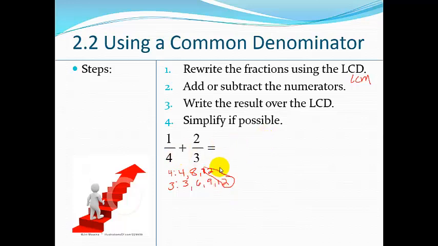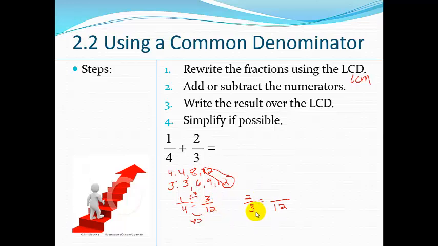So what I need to do is rewrite the 1/4 to have a denominator of 12. I'm writing an equivalent fraction, and then I need 2/3 to have a denominator of 12 as well. I asked myself, how does a 4 get to a 12? Multiply by 3. And if I multiply the bottom by 3, I better multiply the top by 3. So I get 3/12. These are equal, they just look different.